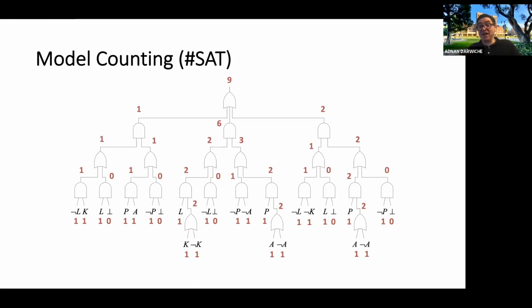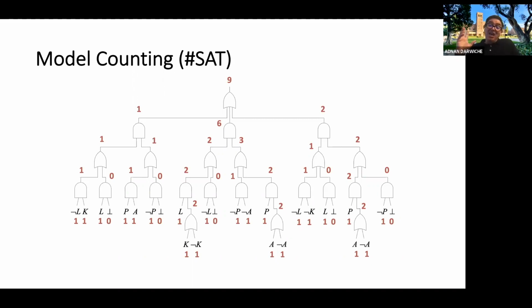And this number 9 at the very top tells you that 9 out of the 16 circuit inputs satisfy the circuit. In fact, most of the algorithms on these circuits are just forward pass algorithms. They're like neural networks. You just walk through them and you do these very complex computations. Counting models or counting satisfying assignments is one of them.